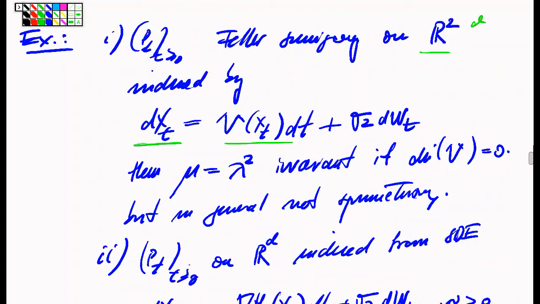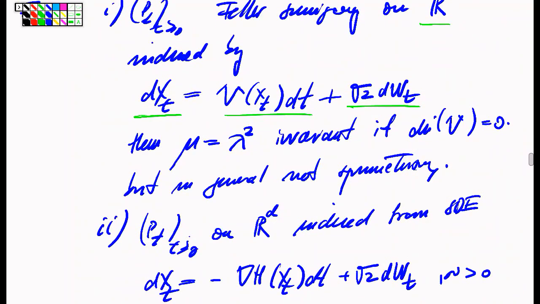obtained from solving the stochastic differential equation dX_t equals v of X_t dt plus square root of 2 times dW_t, where W_t is a d-dimensional Brownian motion and v is an arbitrary sufficiently smooth vector field. And we want to assume that through appropriate restrictions, this stochastic differential equation in fact does induce a proper Markov process, and the solutions give rise to a Feller semigroup.